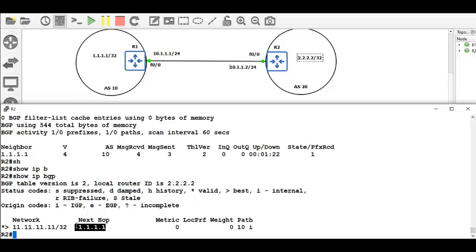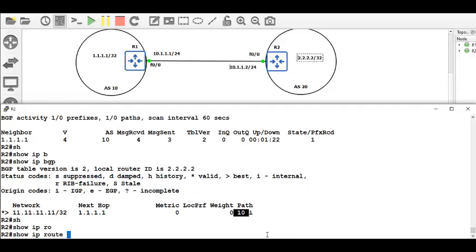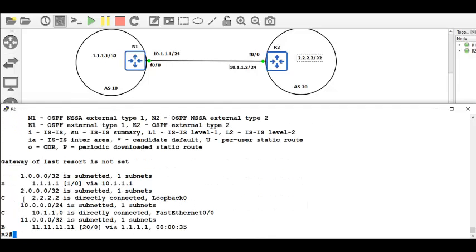We are in which autonomous system? Autonomous system 20. We have learned it from autonomous system 10. Now check the routing table, show IP route. You can see via BGP whose administrative distance is 20. I said for eBGP administrative distance is 20. We have learned this 11.